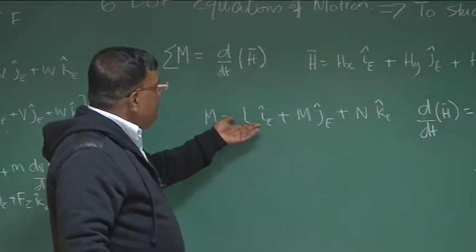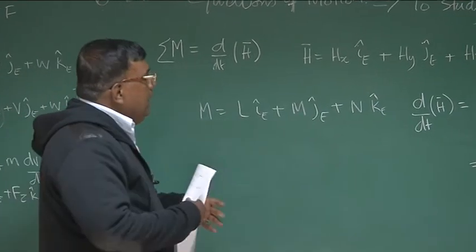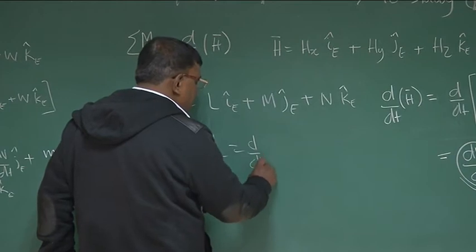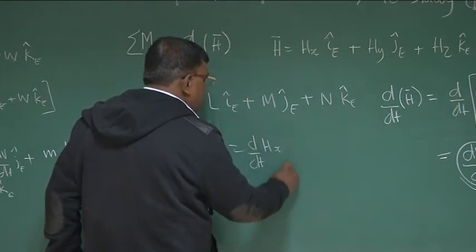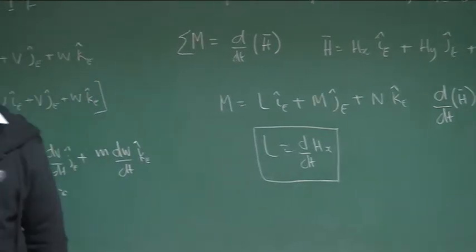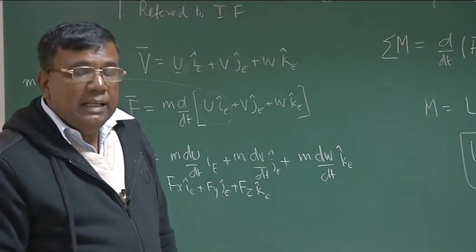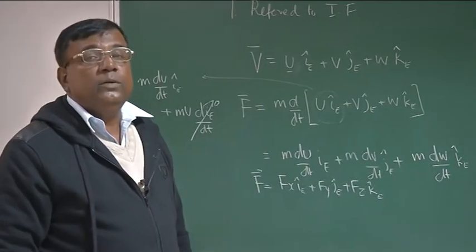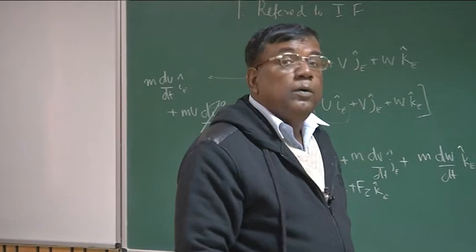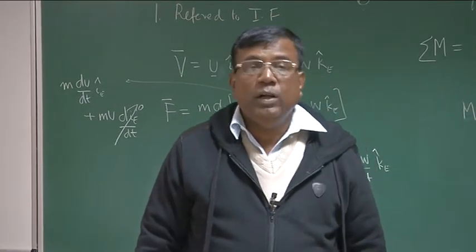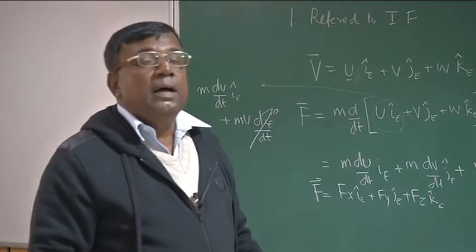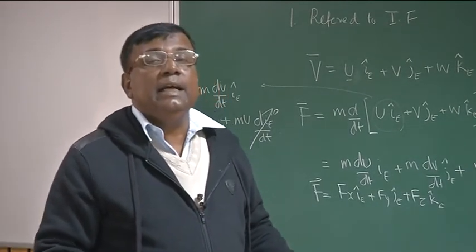Now let us come back to the physics. What is L? L, if you see here, is d by dt of Hx. What is Hx? Let us ask a question: what was H? The H vector was the total angular momentum. And total angular momentum about which axis? Obviously, we are all working in the inertial frame, so it is about the inertial frame iE, jE, kE axes.